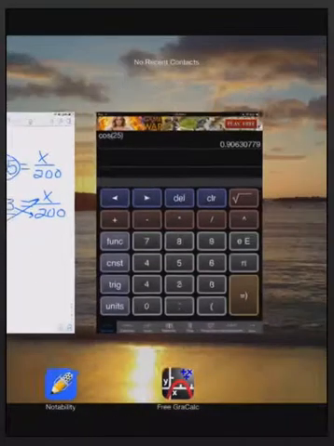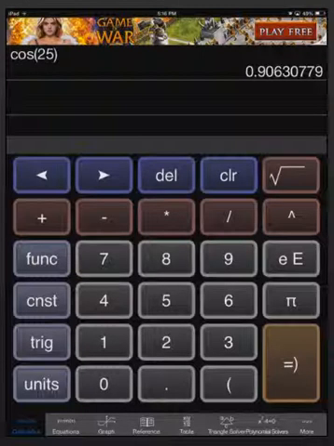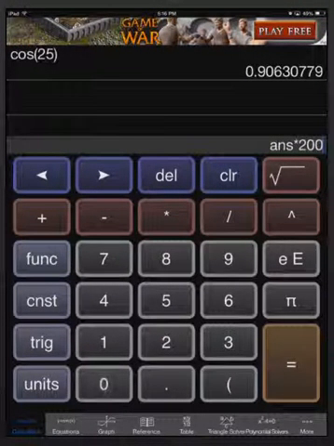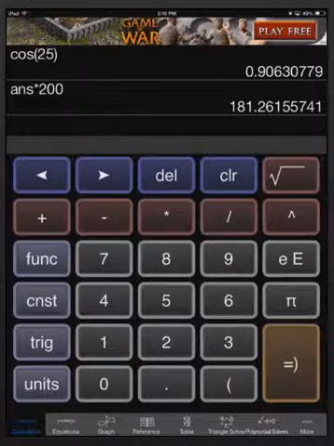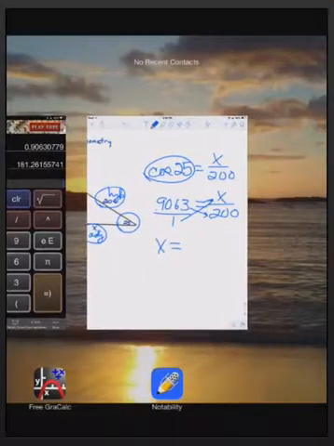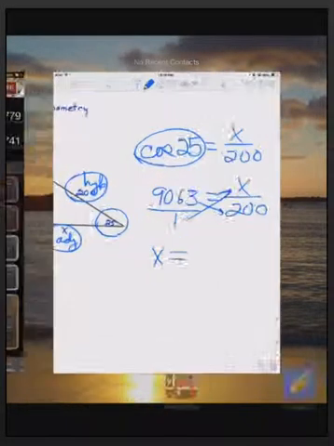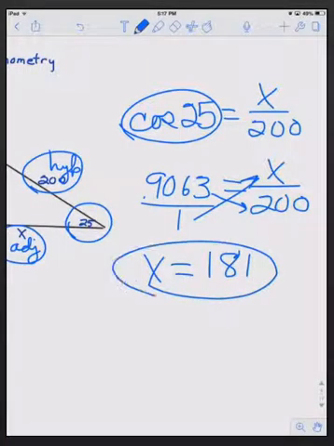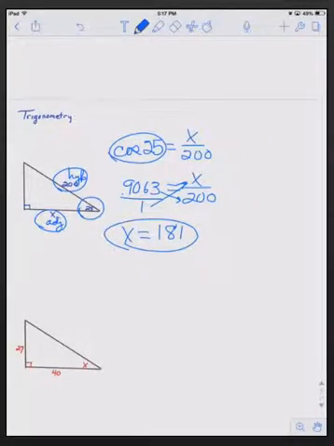So we'll go back to the calculator to save some time and also eliminate some careless mistakes, and we get 181 approximately. So we get 181.26, so you answer the question as accurately as requested on the exam.